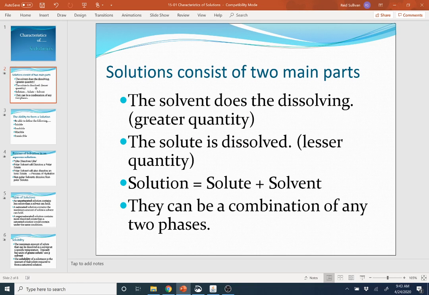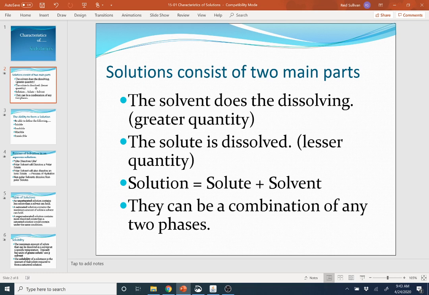So whenever we talk about any sort of mixture, we usually talk about the thing that is being mixed into the other thing. One of the things is mixing into one of the other things. So in the case of the salt water, there's way more water than there is salt, and we say that the salt is being mixed into the water. And more specifically, we say that the salt is dissolving in the water.